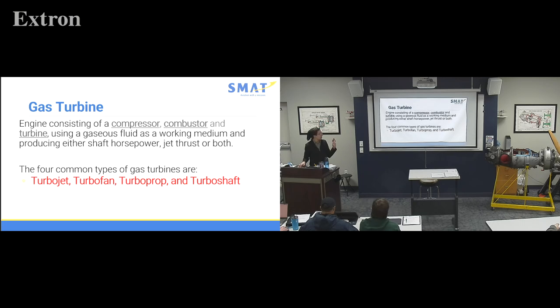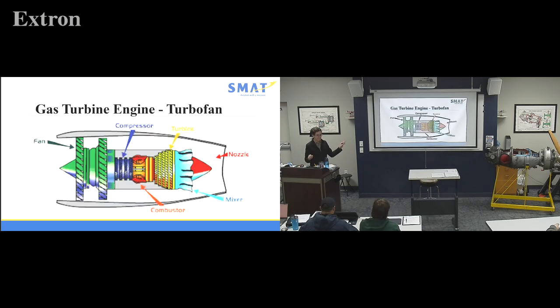So I'm going to show you a picture of a turbofan before we talk about some of the differences of those four, and you'll see why.